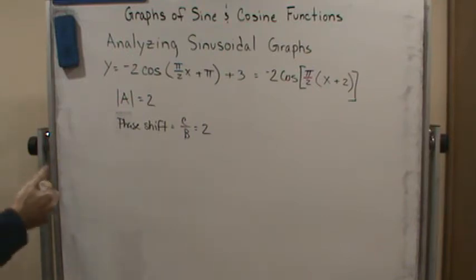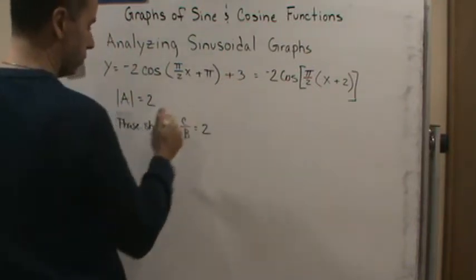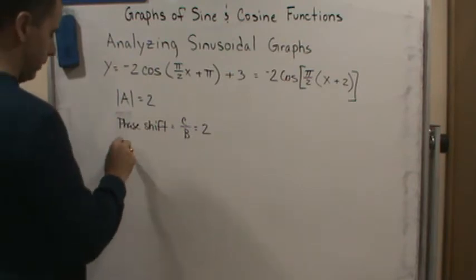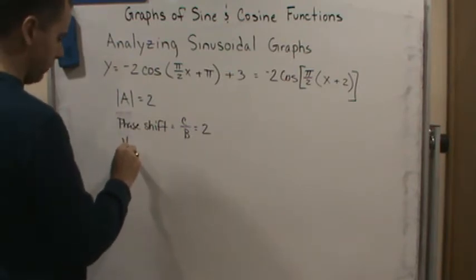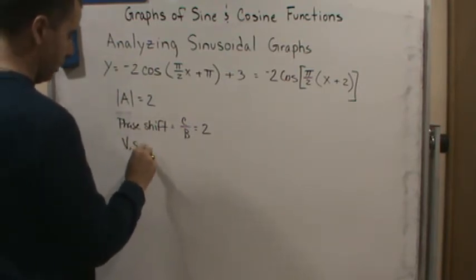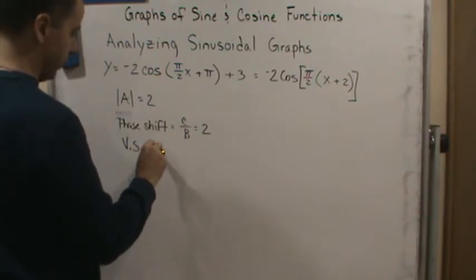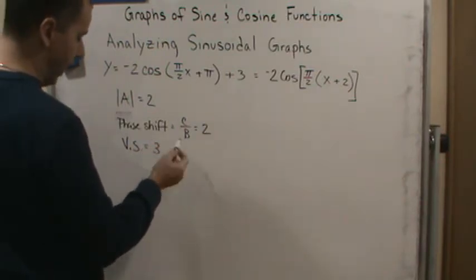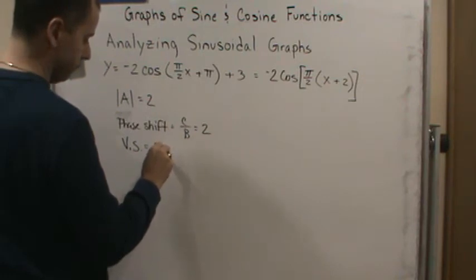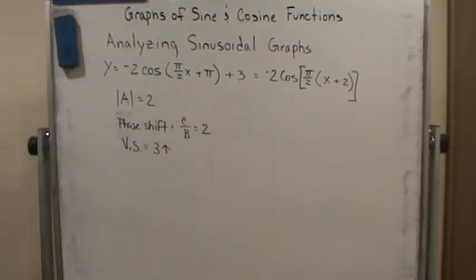Okay, what else? Oh, well, we've got a vertical shift, right? So we've got a vertical shift, which equals 3 units up. Okay, 3 up.